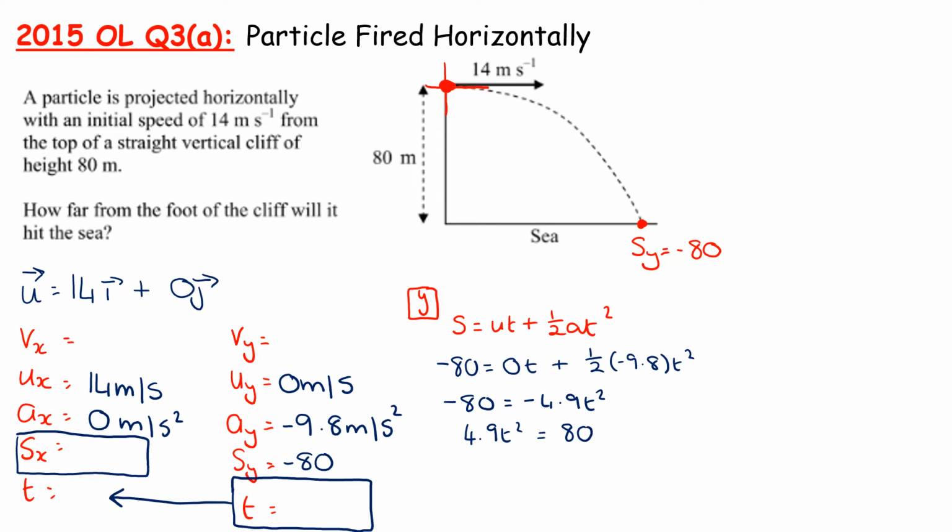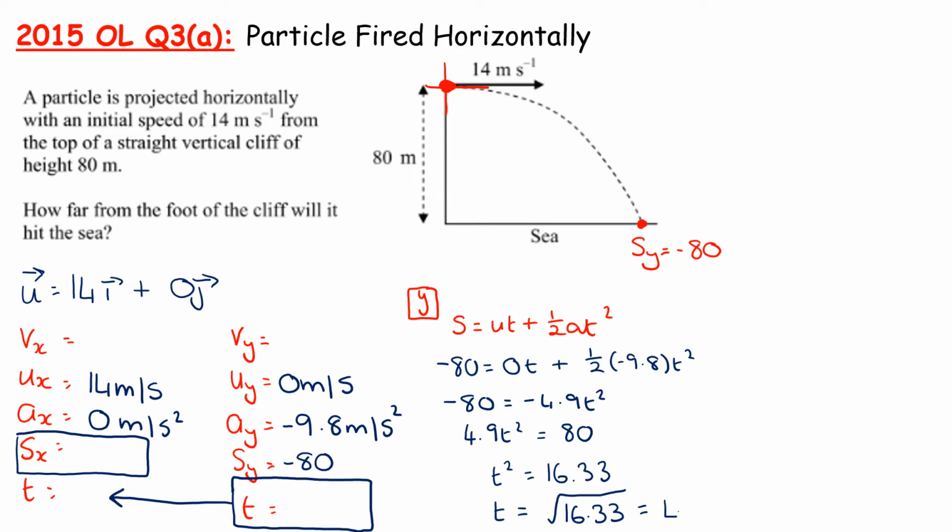Now, if you want to bring this over and do a difference of two squares, that's perfect. We're going to divide both sides by 4.9 first. So that's t squared equals 16.3265. So to get time, we're going to square root it. Now, what we should do is put in a plus or minus, but we're only going to take the positive answer because we know that time has to be positive.